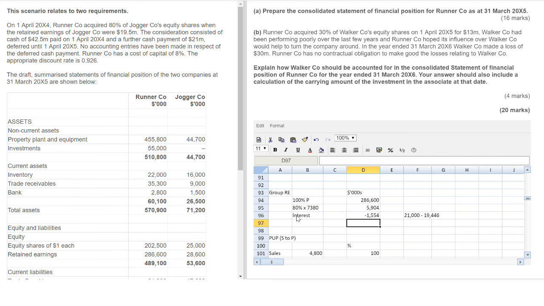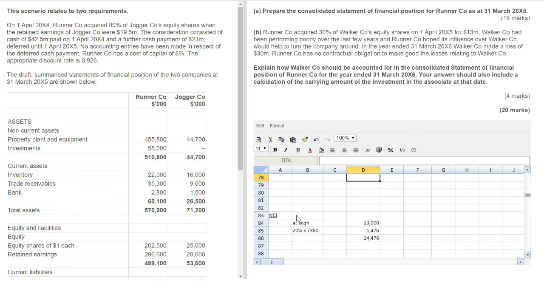It's an adjustment in the parent's books of 1,554. If you then total up your group retained earnings, I think that comes to 290,950. You've got your NCI at 14,476. Goodwill at 24,446.